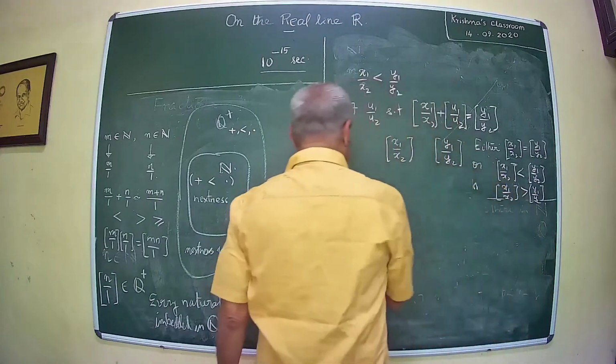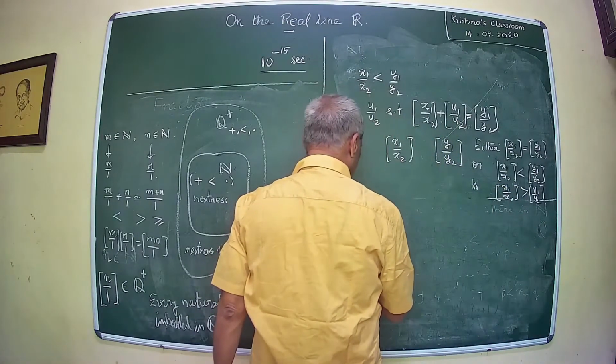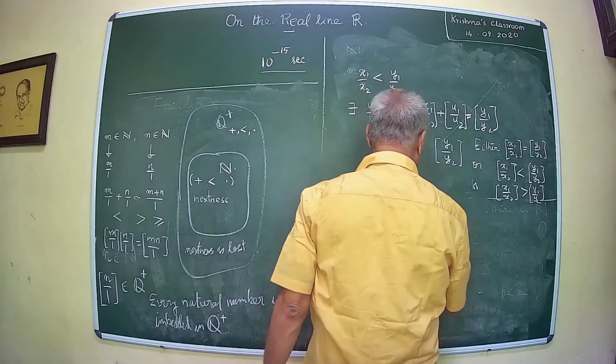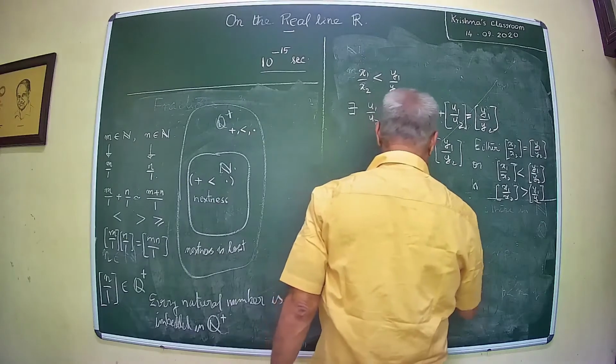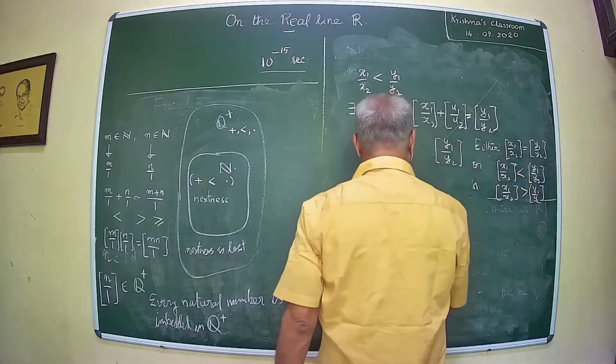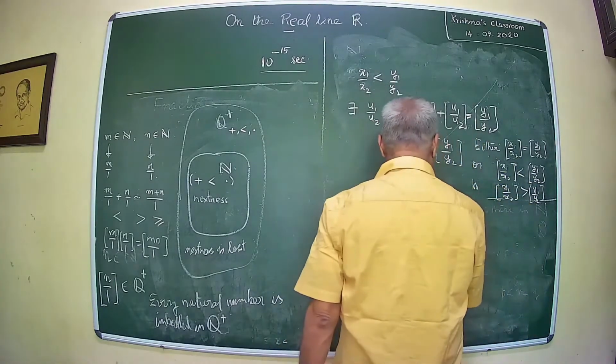Now let us look at this one. Suppose there is x1 by x2 and y1 by y2. You ask the following question: do you have a rational number p such that p times x1 by x2 equals y1 by y2?